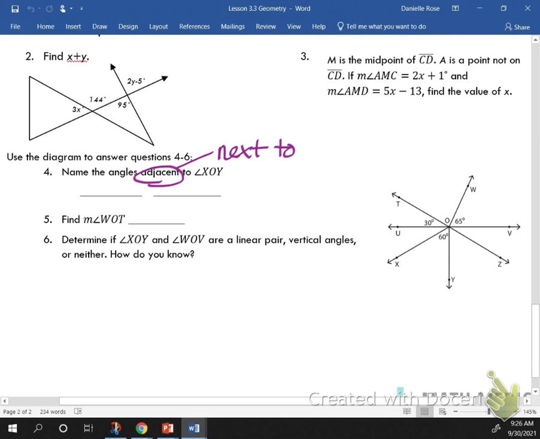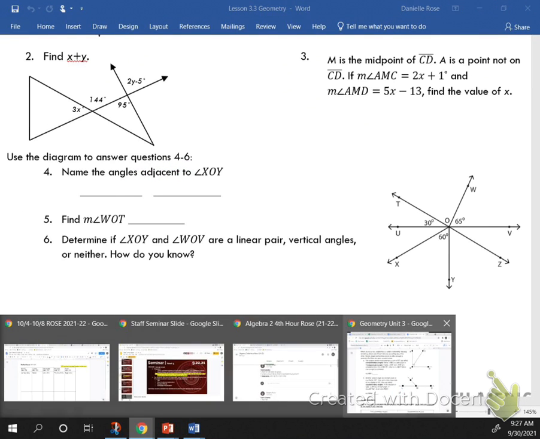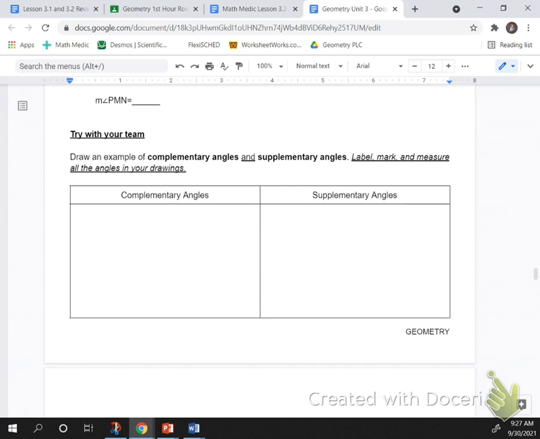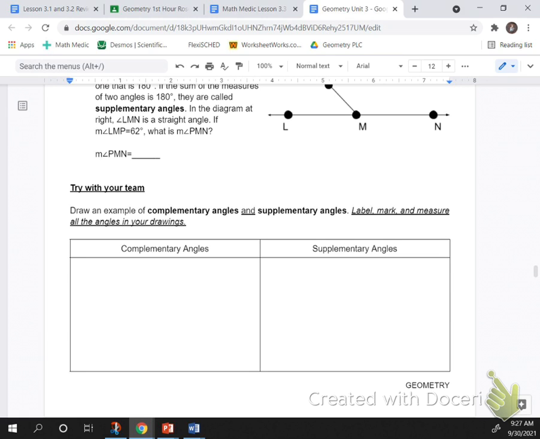Sweet. Here's what I want you to do. I want you to look at this linear relationship page. There's some definitions here. You need to solve for an unknown angle here and unknown here. In these two boxes, I want you to draw your own example of complementary and supplementary. Then you're going to do the practice problems on the back of this page.